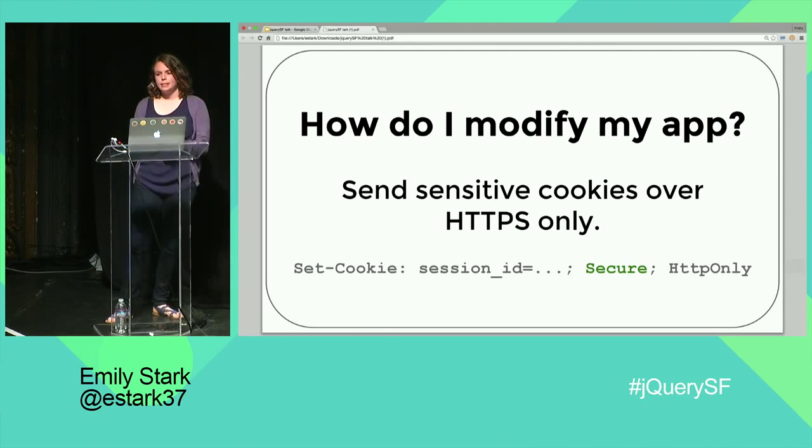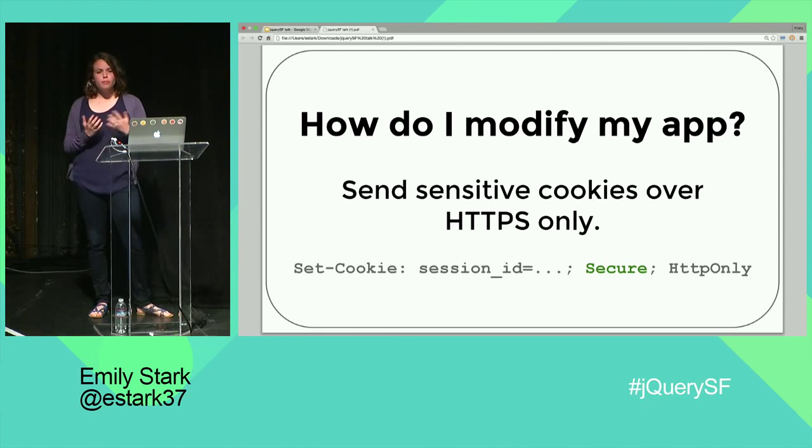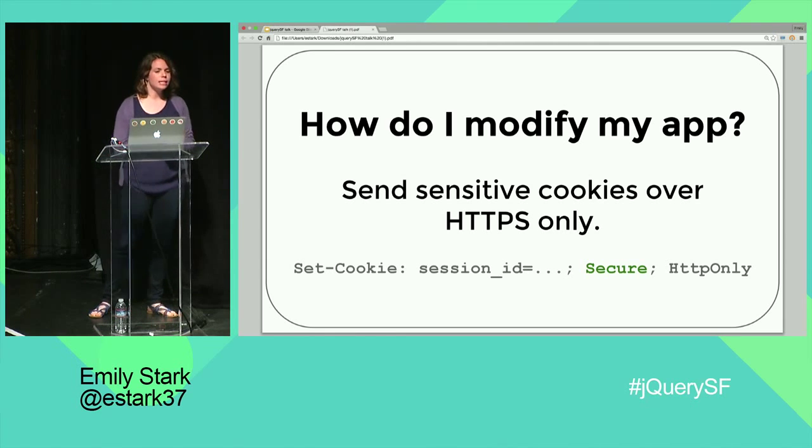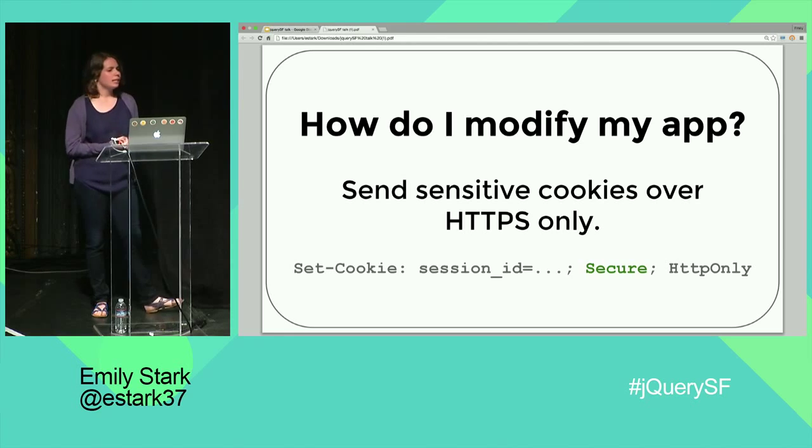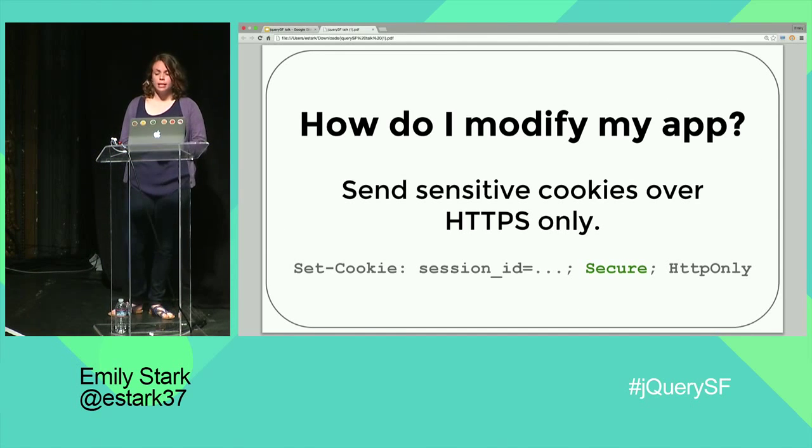Let's talk about cookies, which are, for many of you, probably among the most sensitive pieces of information in your application, because your cookies probably include a session ID or session token, something that can be stolen and used to take over a user's entire account.